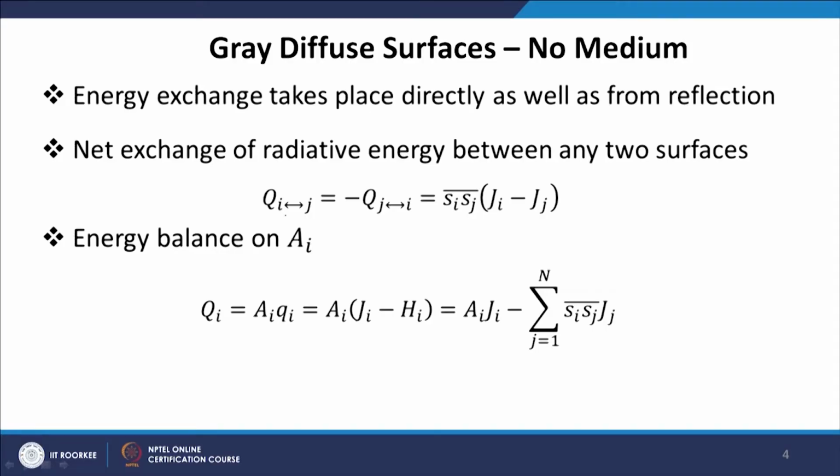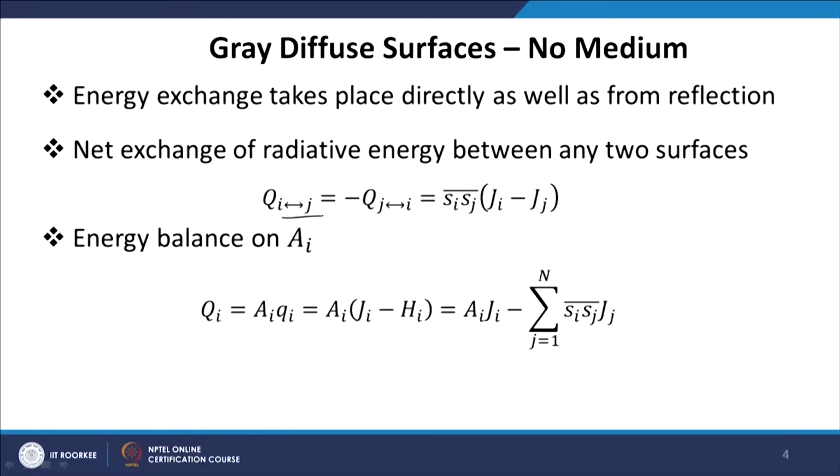For grey surfaces again we have the same thing. Here we have radiosities in place of emissive power. In black cases we have emissive power, here in grey cases we have radiosity. We can write down the net exchange of radiative energy between any two surfaces as the difference between their radiosities, Ji minus Jj, and the exchange area Sij.